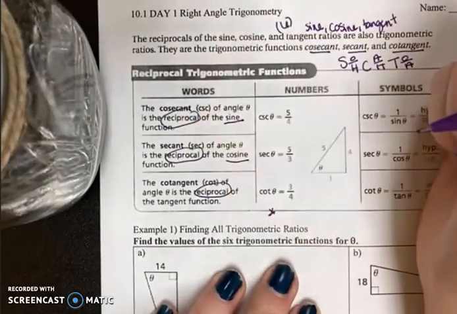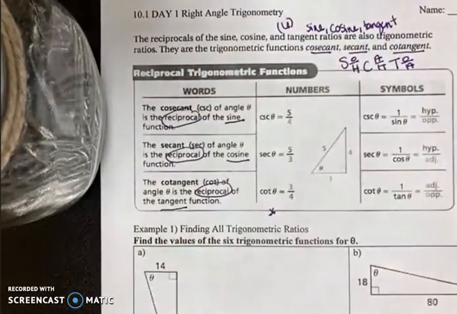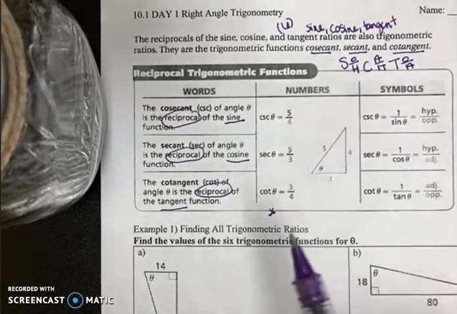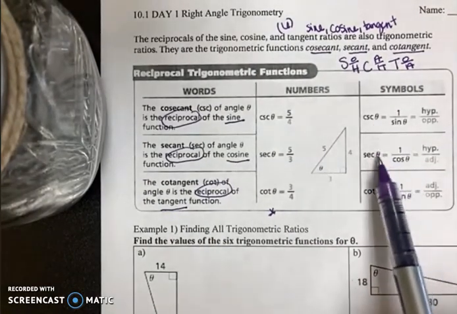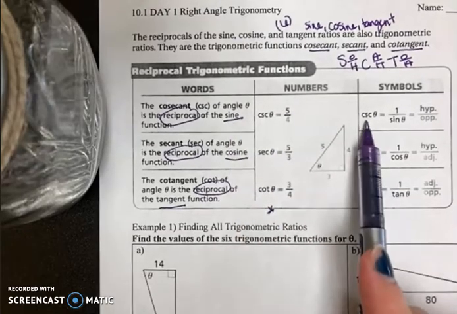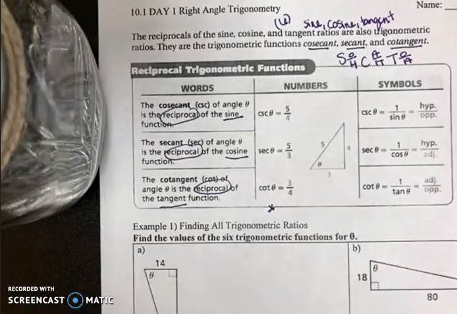Secant is the reciprocal of cosine, and cotangent is the reciprocal of tangent. The most common mistake that I see when writing the 6 trigonometric functions is that students confuse cosecant and secant. So sine goes with cosecant, and cosine goes with secant. And cotangent and tangent sound similar enough that we're fine with that.